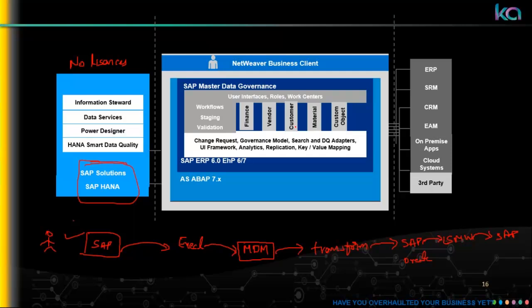Correct. Can I say that Information Steward, Data Services, Power Designer, HANA Smart Data Quality, SAP Solutions, and SAP HANA are multiple systems or applications which can be used to simplify the data? Exactly.